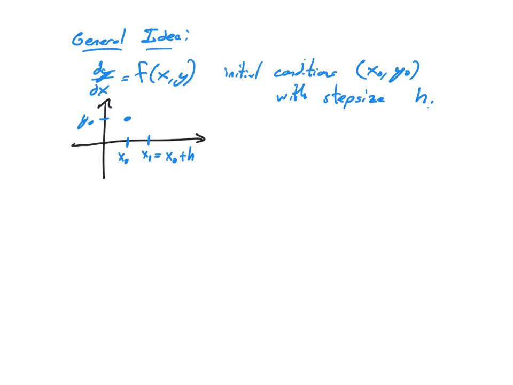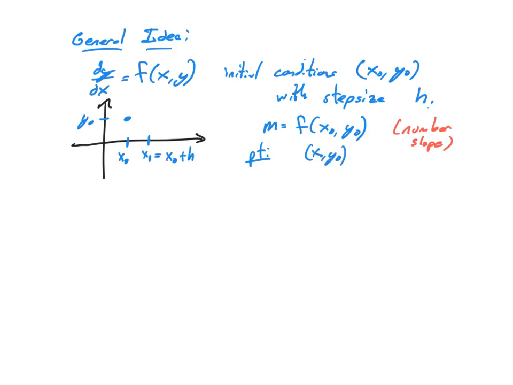Now the next point in the line is going to be, so let's say our slope is f of x naught comma y naught. That's just a number, right, which is our slope. And then we have our point, x naught comma y naught.